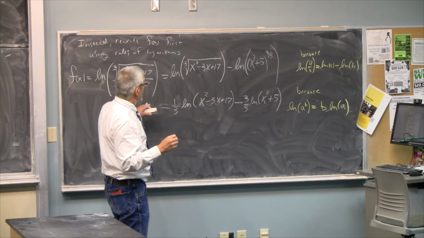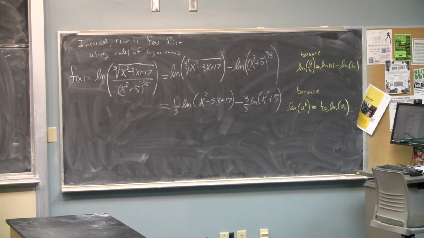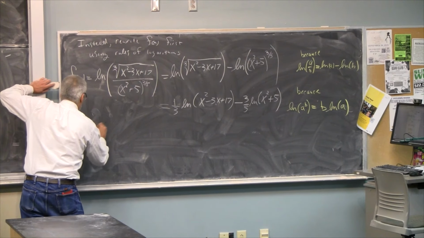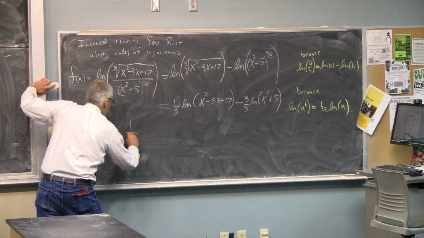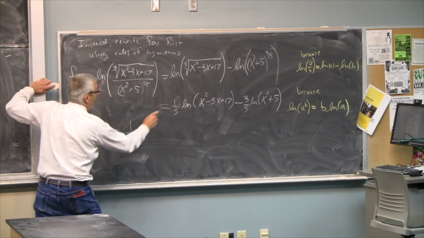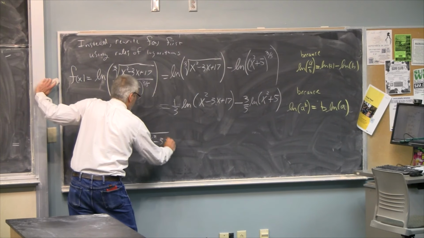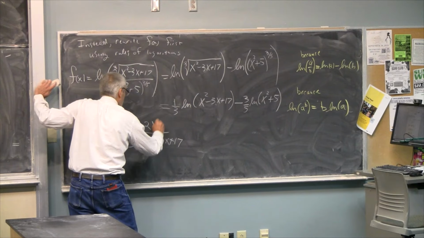Now realize that we can find the derivative very simply using this. We have logarithm of a simple function. I'm going to have the 1/3 out front, and then I'm going to have that function on the bottom, x squared minus 3x plus 17, and its derivative on top, 2x minus 3.